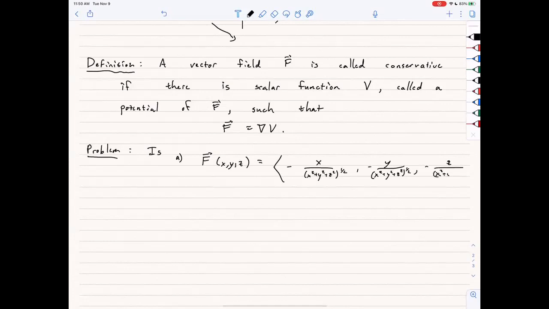Okay, so is this vector field conservative? Or let's do another one. We'll do a two-dimensional one.